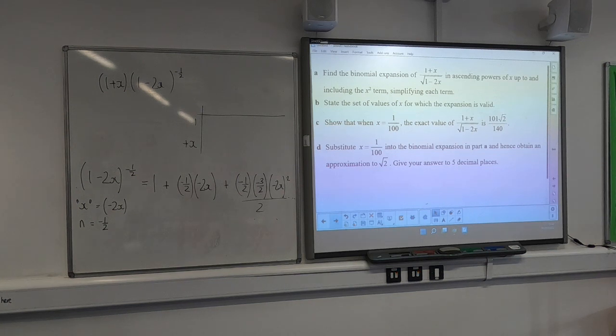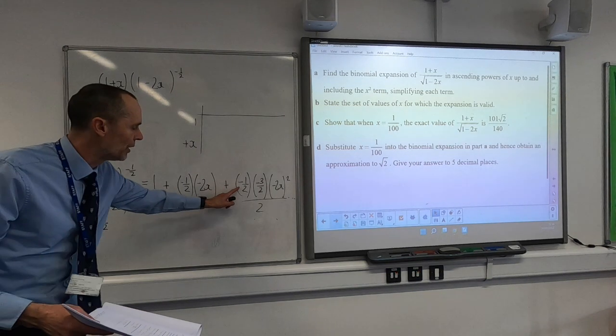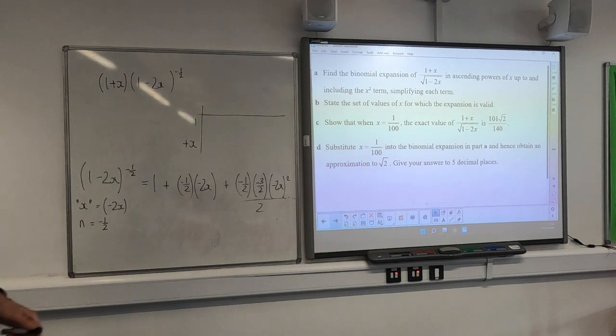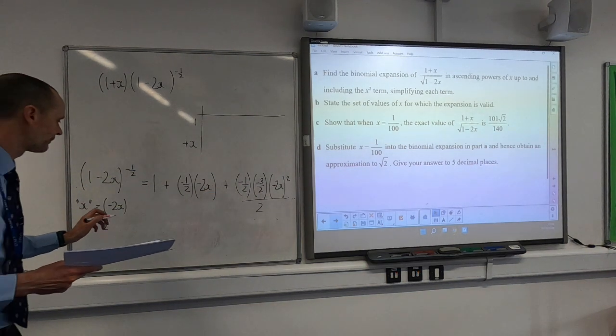Where have you got the minus 3 over 2? So if you look at the formula sheet, the third term is n times n minus 1. So if you take minus a half and take away 1, that's minus 3 over 2.